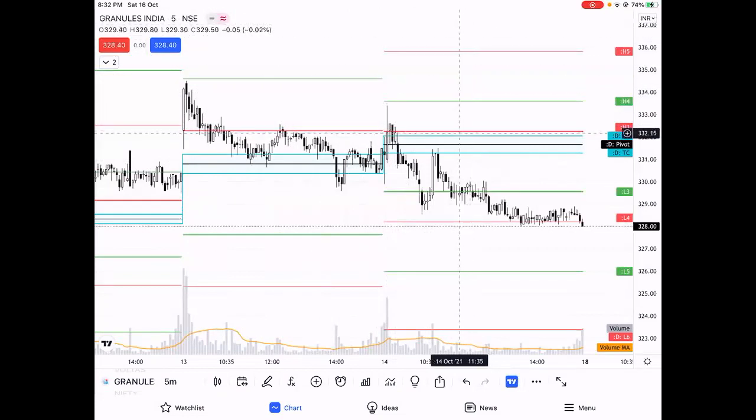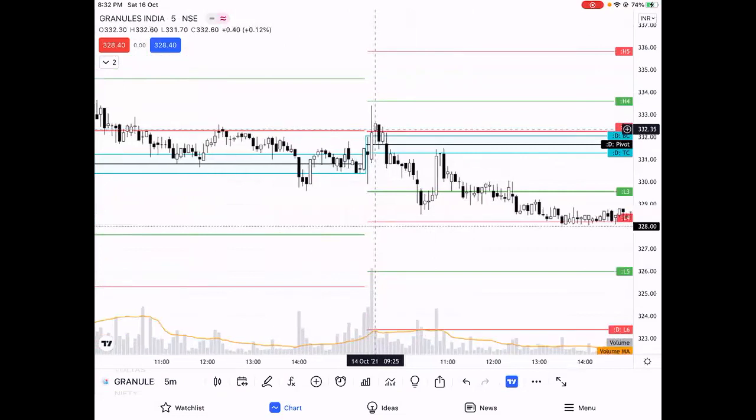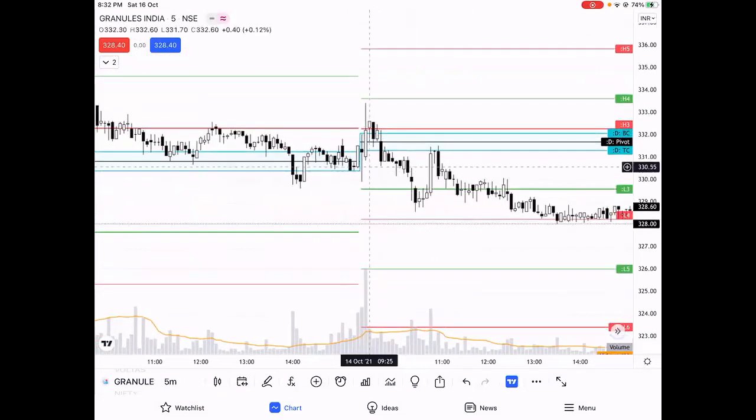But when we are seeing pivots, you know that unless and until this gives you a closing above this level, this cannot be considered a trend continuation. So here you saw this gave you an indication of trend continuation, right?